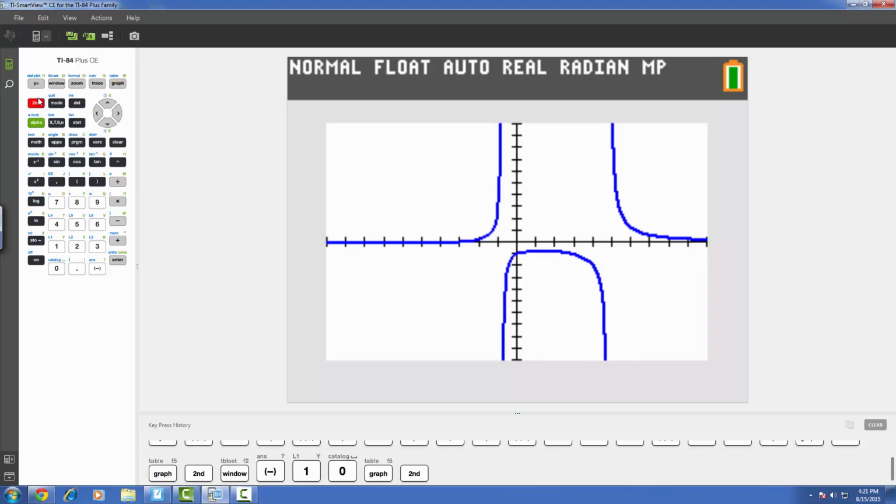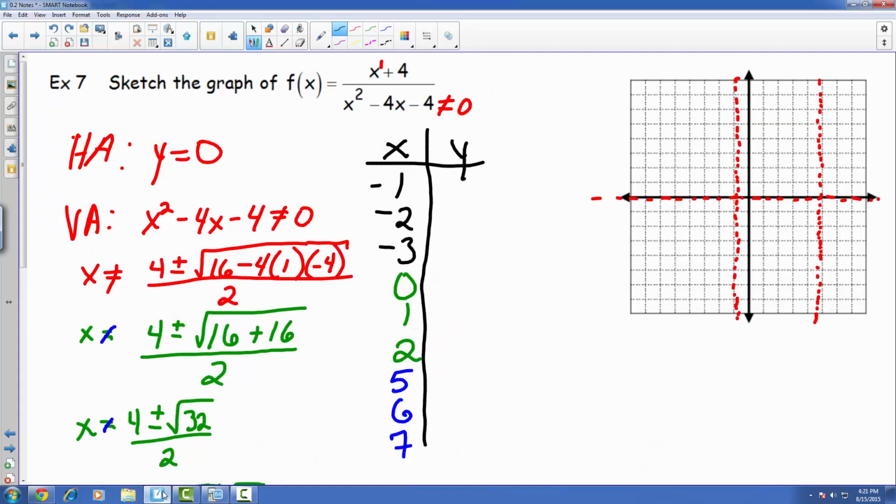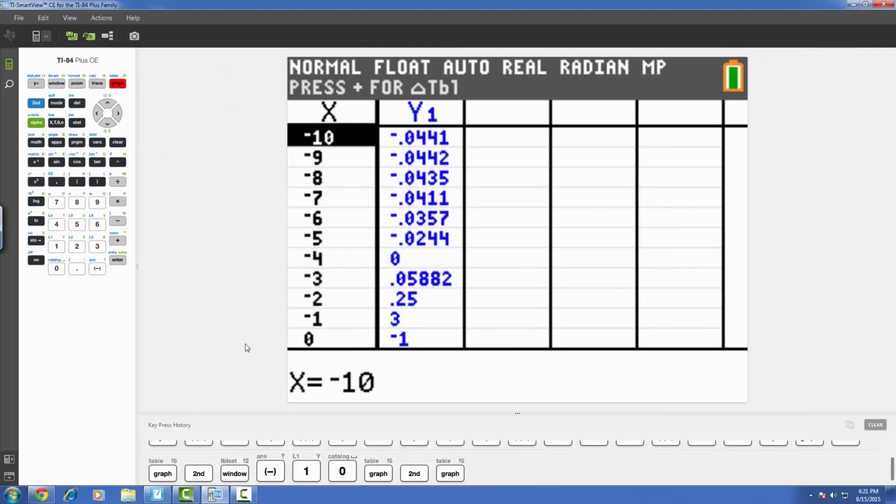Now we can hit second table, and now they're starting at negative 10. So for us, we tried the values negative 1, negative 2, negative 3, and there they are. And a fourth, that's going to be maybe a 16, I want to say, something around there.